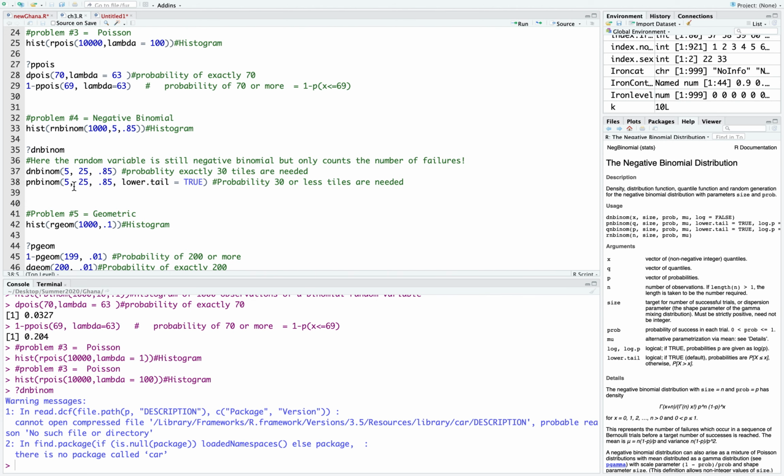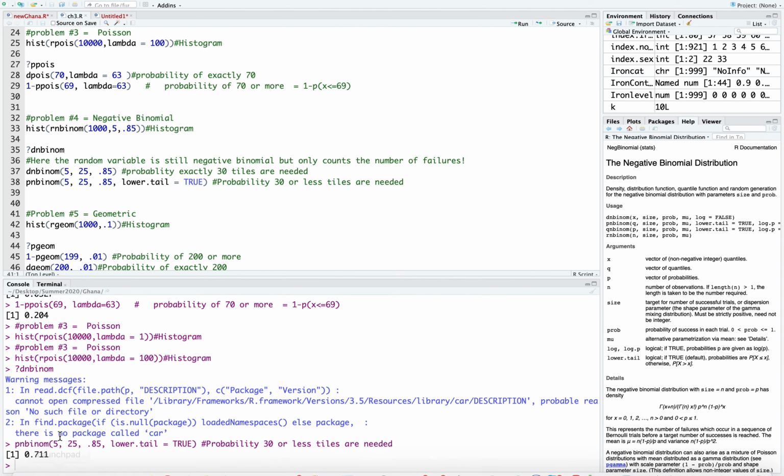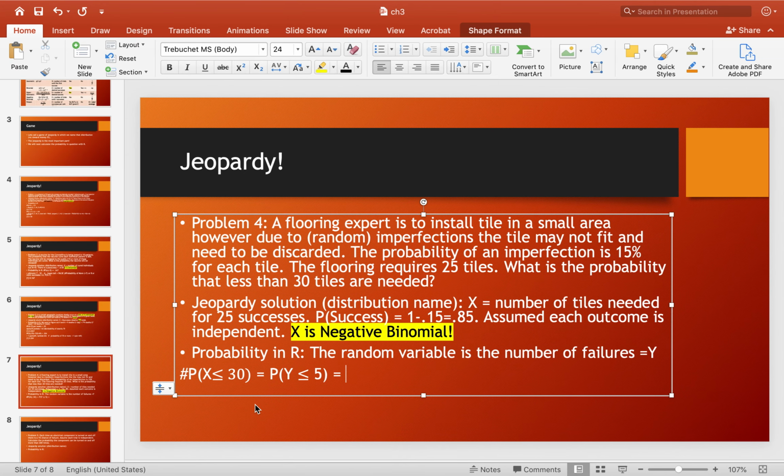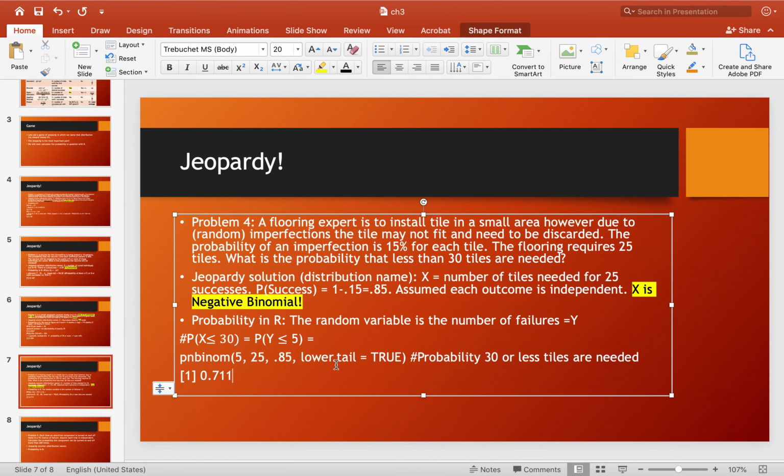So this P negative binomial is that, okay? So keep in mind, if I was to ask a different question, it's going to be a different command and a drastically different answer. Okay, so that's how I do the command in R, and it's equal to 0.711.